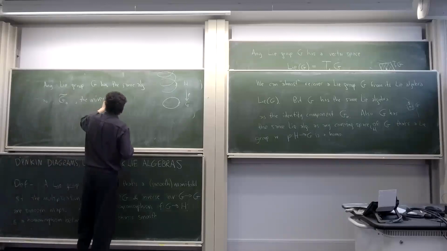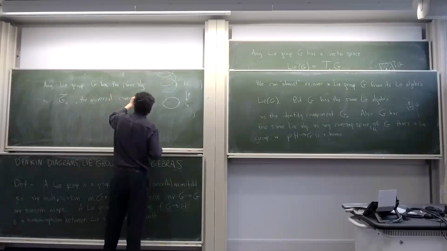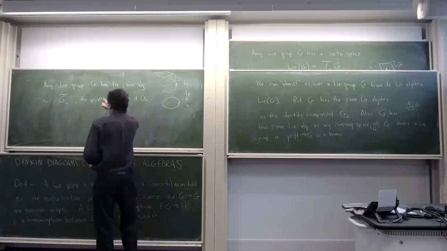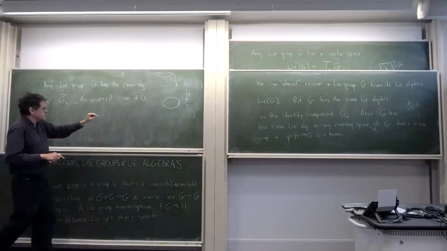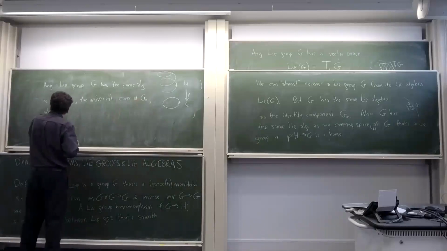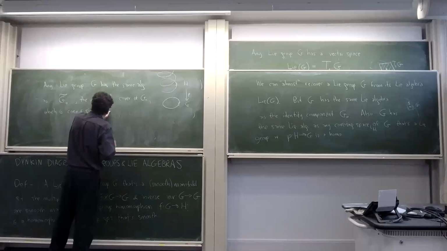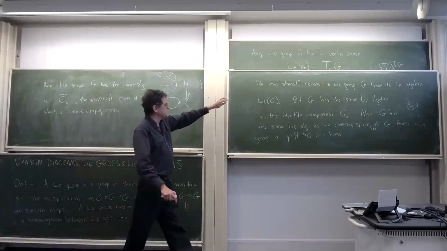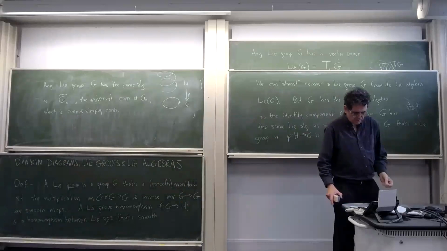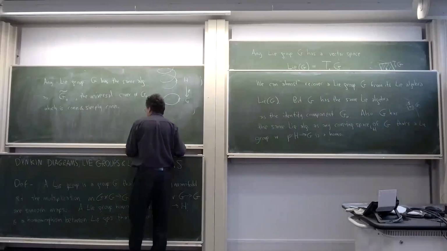That's a covering space that covers all connected covering spaces. So this guy here is going to be both connected and simply connected. So that just shows some of the limitations of my original claim that you can almost get the Lie group from the Lie algebra. But it turns out that this is sort of the only kind of stuff that goes wrong.